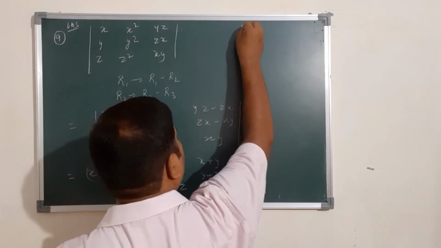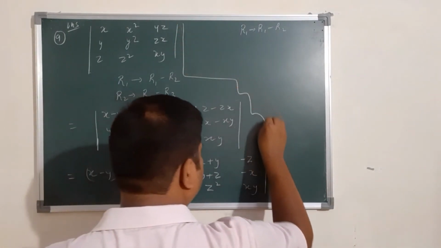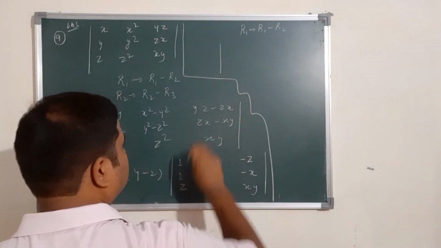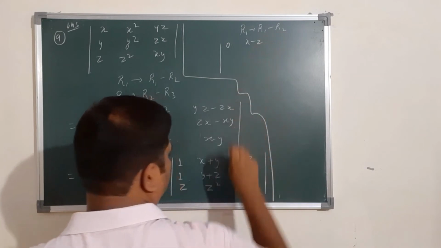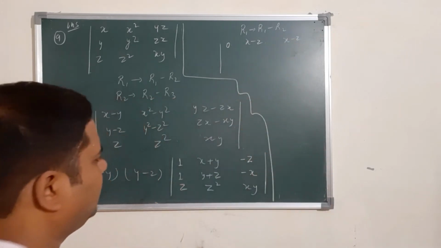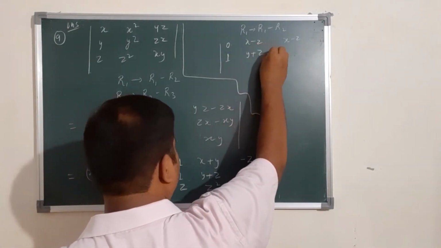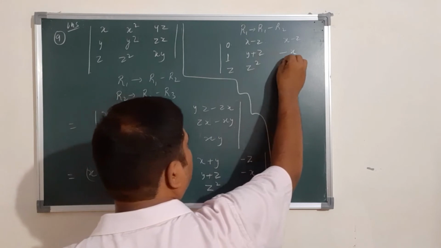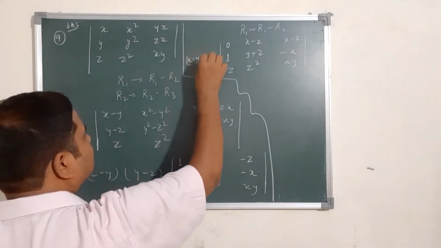So again we apply r1 tends to r1 minus r2, we will have first r1 0, and y cancelled out, this is x minus z, and this is minus z plus x, so this is also x minus z, plus x minus z, and this is 1, y plus z, minus x, and z square, xy, and here x minus y and y minus z.